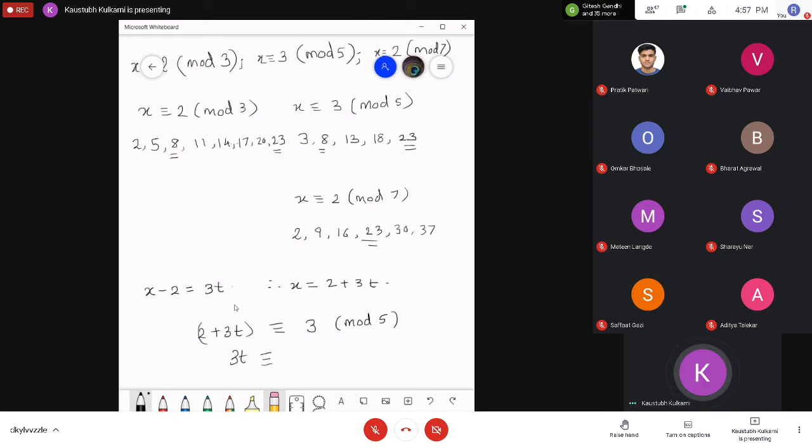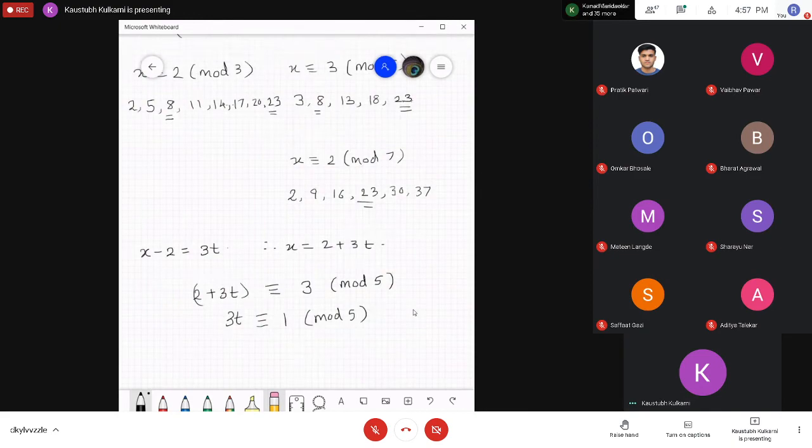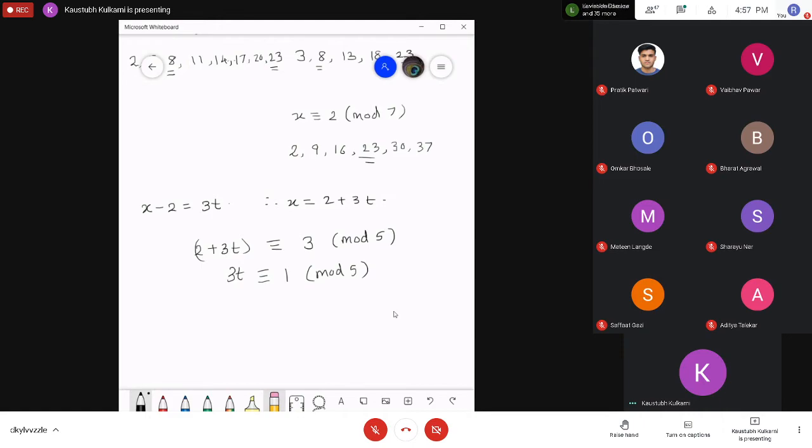So 3t is congruent to 1 mod 5. We'll introduce another variable, t1. So 3t minus 1 is equal to 5t1.